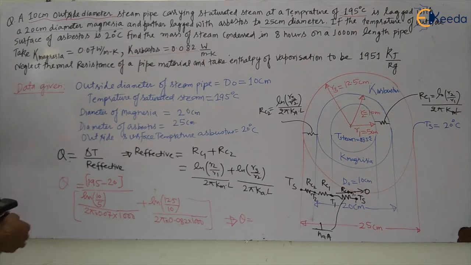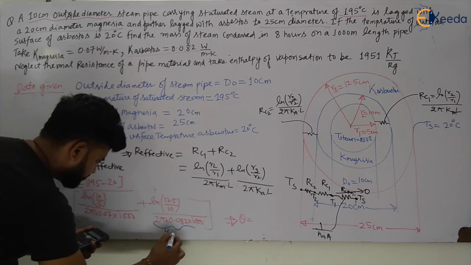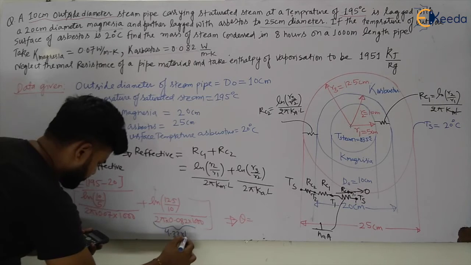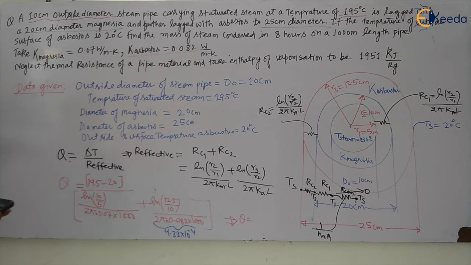This value will be equal to 4.33 into 10 to the power minus 4. And let us calculate the other value. This will become ln of 2 divided by 2 into pi multiplied by 0.07 into 1000, my dear students.